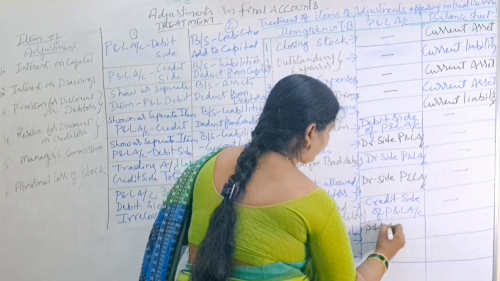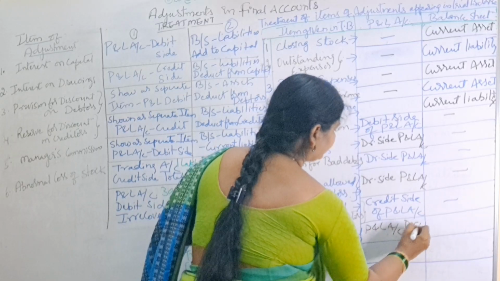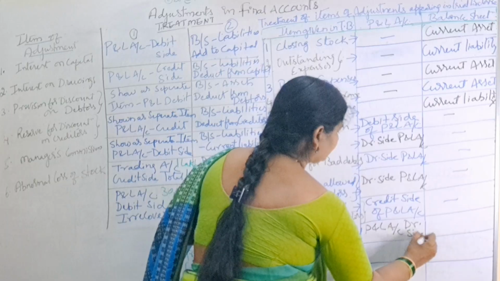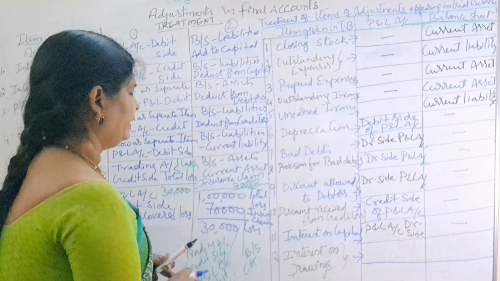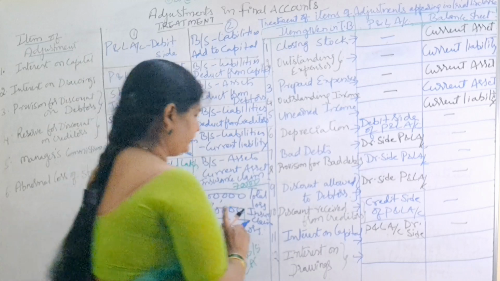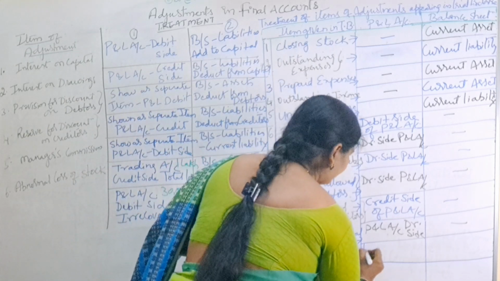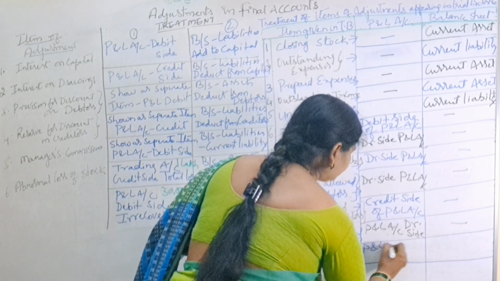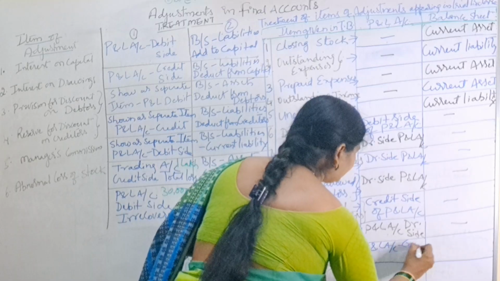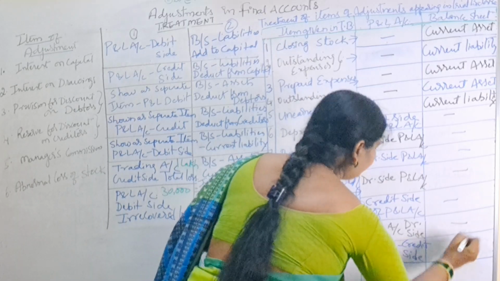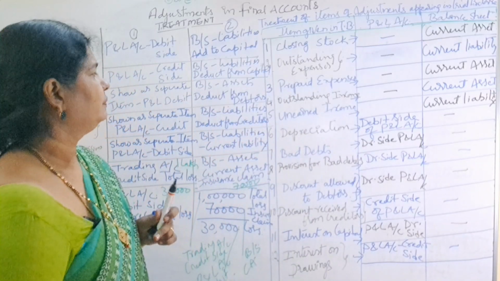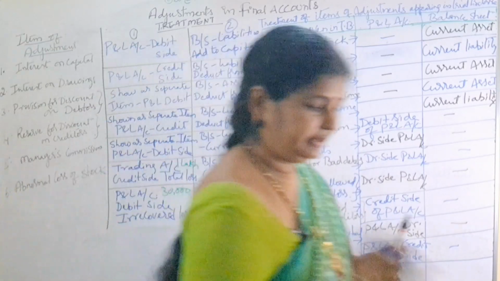P&L account debit side, will not get in balance sheet. Next, interest on drawings. We'll go to profit and loss account and write on the credit side. Credit side, will not get in balance sheet. Take screenshot.